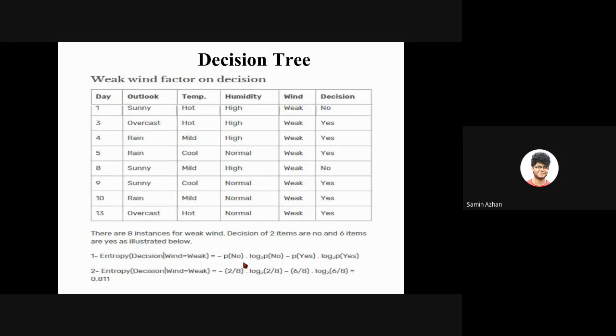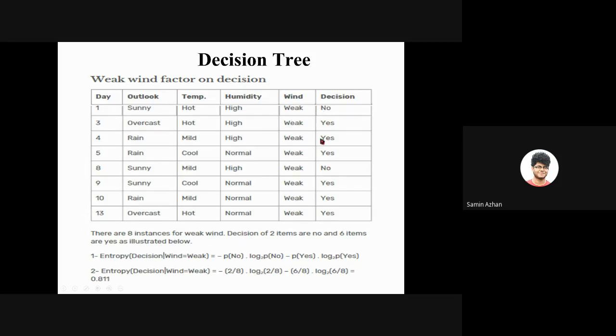In this slide, we are trying to calculate the entropy of decision while wind is equal to weak. After separating the data where wind is equal to weak, we get this table, and based on this table we have to calculate the entropy. First, let's calculate the probability of no. While wind is equal to weak, how many nos and yeses do we have?